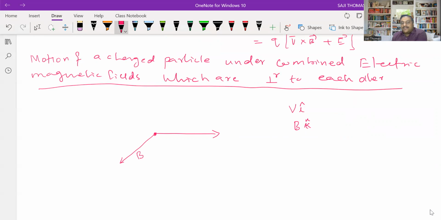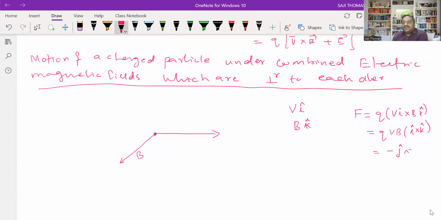Then what will be the direction of the force due to the magnetic field? Force is equal to q into v i hat cross B k hat. So q v B into i cross k. You know, i cross k is minus j hat.